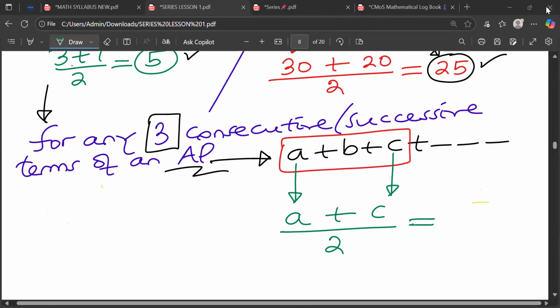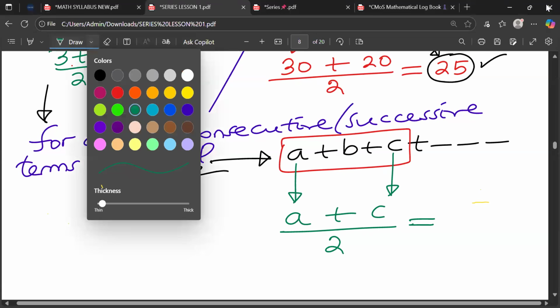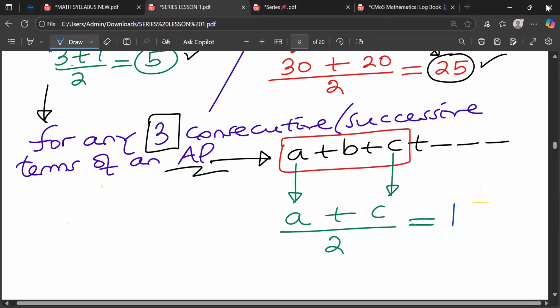A plus C over 2. What am I going to get? People, don't annoy me. Okay, all of you have passed. It is B.